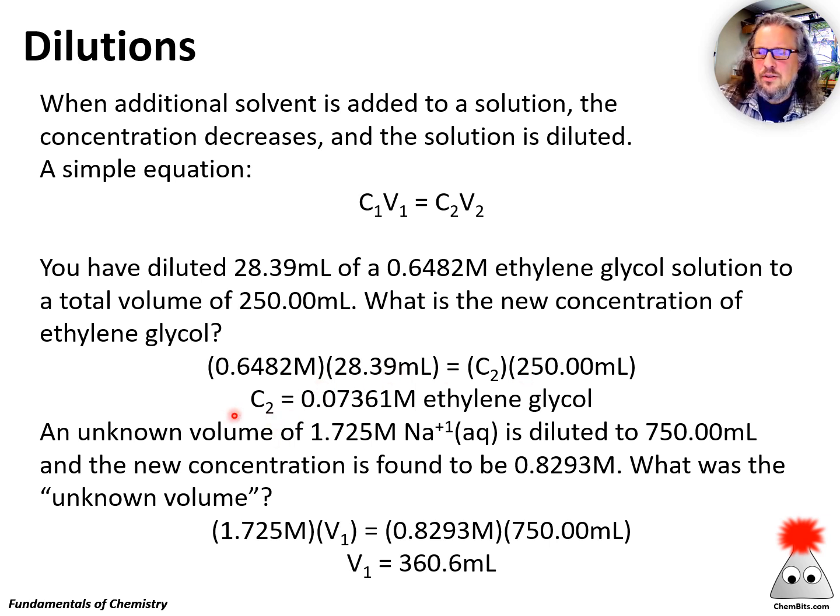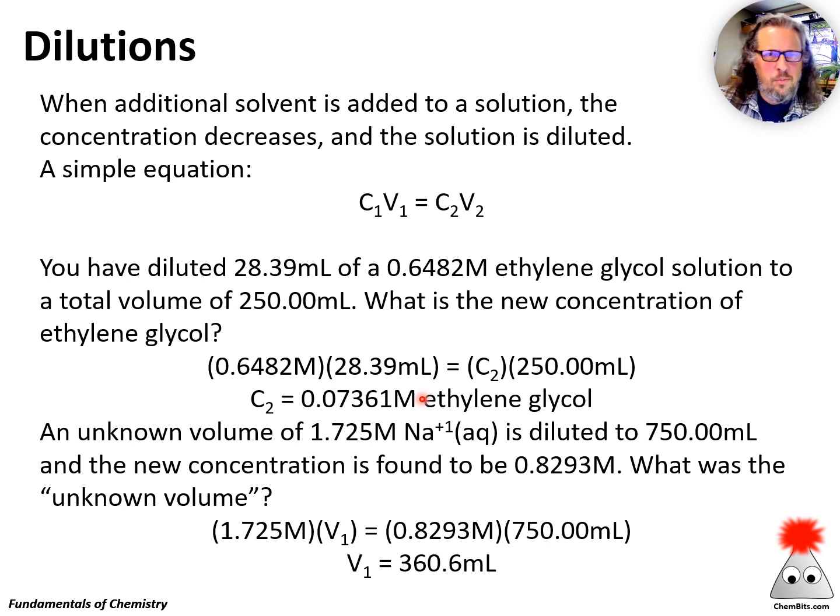Calculating that out, C2 is 0.07361 molar ethylene glycol. Make sure your dilutions are going in the right direction. This time I'm diluting a pretty small amount to almost 10 times its volume, so my concentration should be almost 1/10 of this. That's a little over 1/10, which looks pretty reasonable.